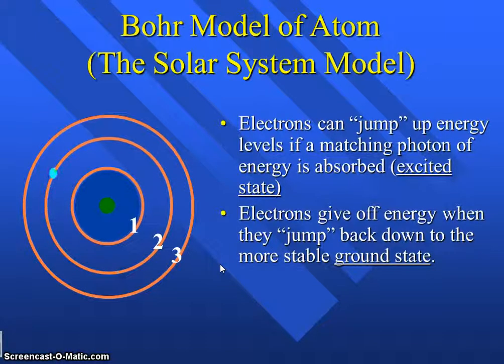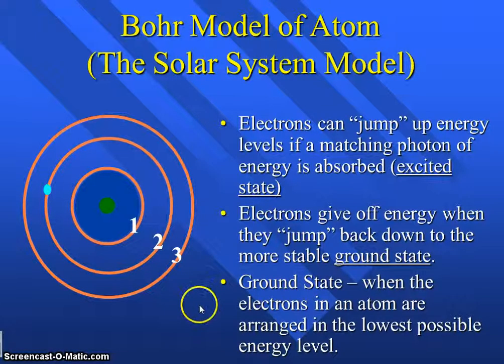Well, since it's not as stable, it's not going to want to stay in this configuration. So what happens is the electron is going to want to jump back down to the more stable, what's called the ground state. And when it does this, we'll see it jump back down here. You can think about what's going to happen with energy here. Well, notice it gave off energy in this case.